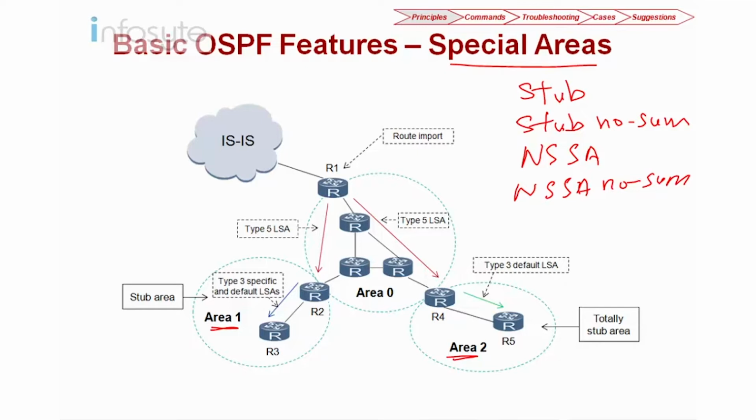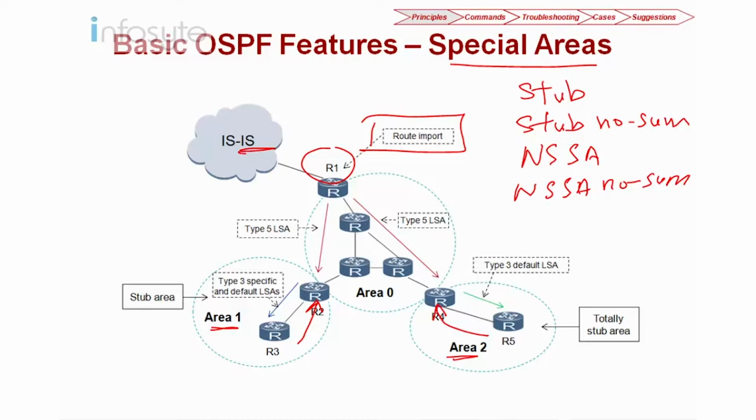When I have a stub area on area 1, R2 will just send the type 3 specific routes and also a default LSA. So they will send the default route to R3 to allow R3 to go to the external route that R1 performs the route import. So I can still reach the ISIS through R2, and R5 can still go to the rest through R4.